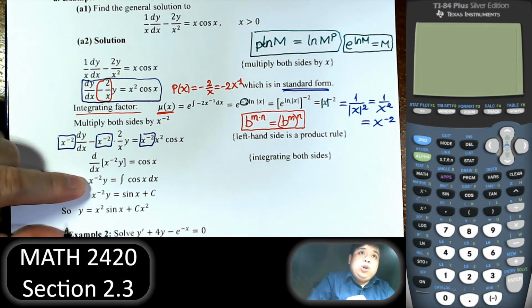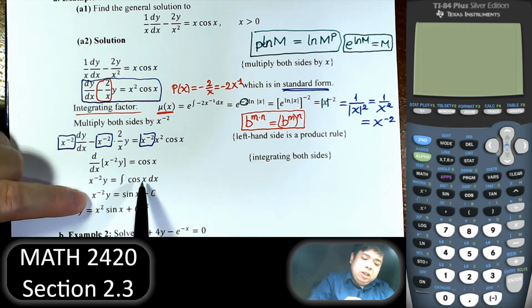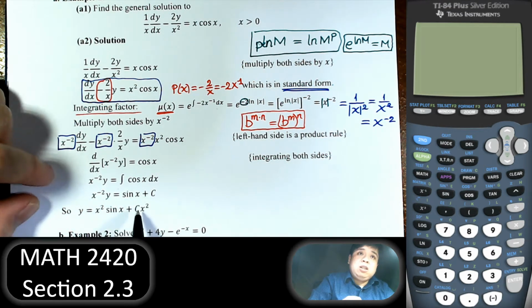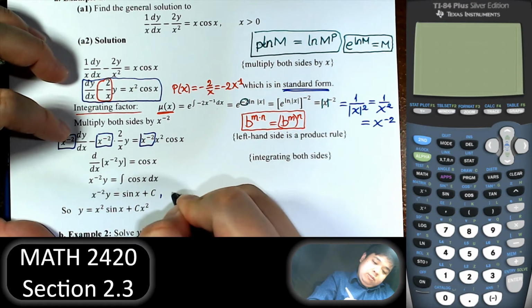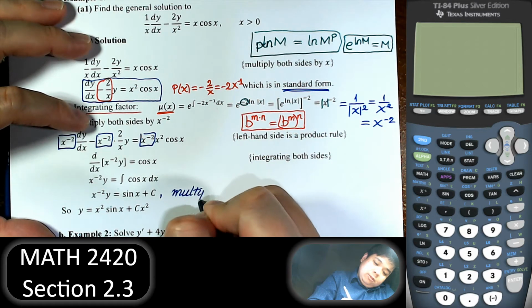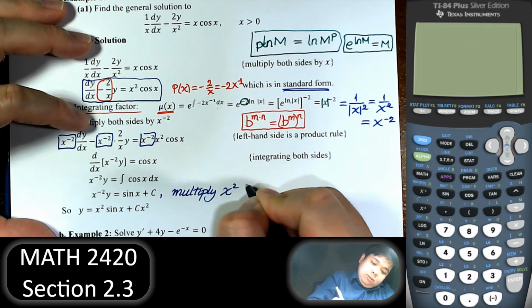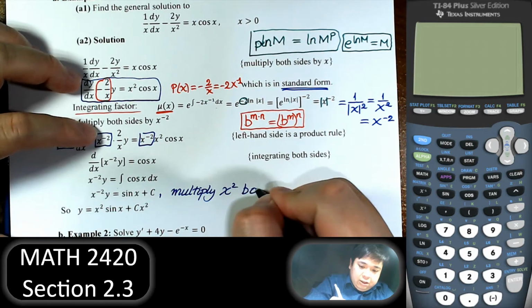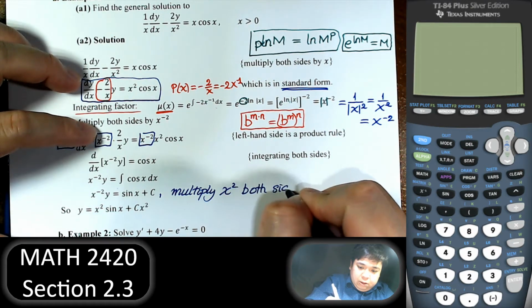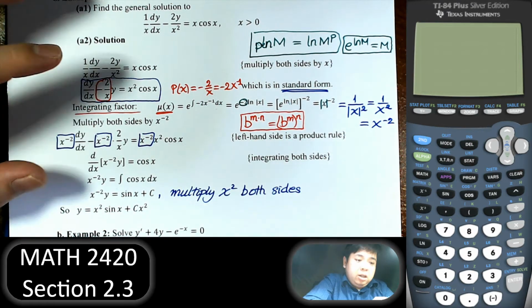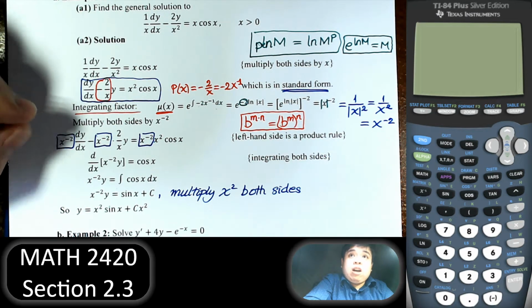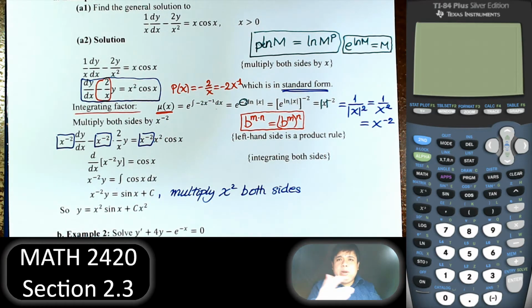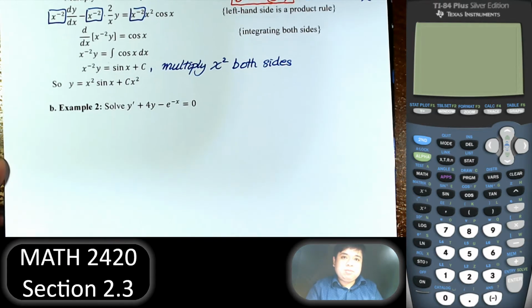The integral undoes the derivative, so we just need to integrate cosine of x. The integral of cosine is sine x plus c, and then multiply x squared on both sides. So the most important thing here is the standard form, so we can write the integrating factor and go from there. There will be quite a few examples here.